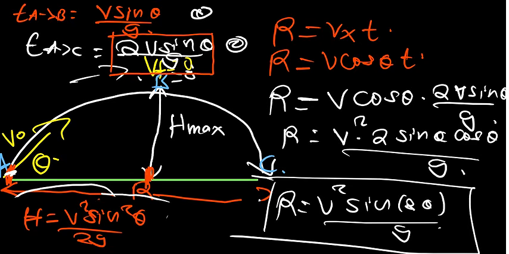The third trajectory now. The third trajectory is a combination of the first trajectory and the second trajectory. So here is our diagram. You throw a ball from this point. Now it's going to be at an angle. From this point you project it there. Then it goes down.